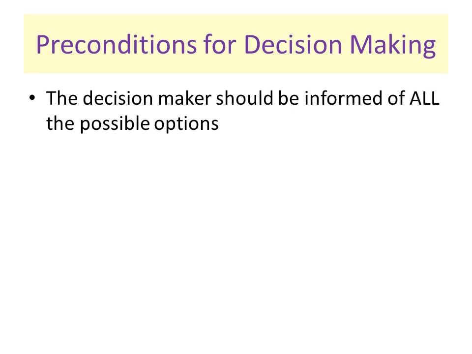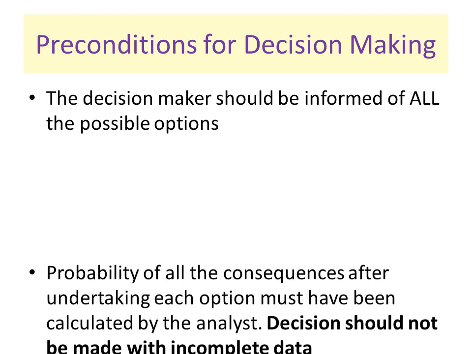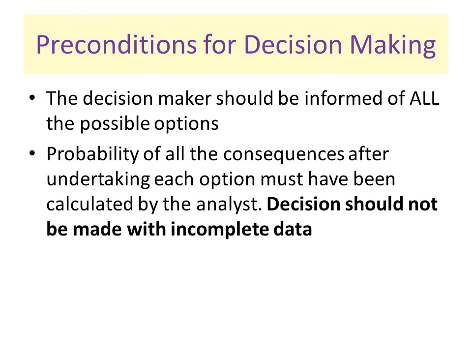There are some preconditions for the technique of decision making, and these are that the decision maker should be aware of all the possible options of achieving the goal. Without the knowledge of all the possible options, you should not go ahead. And also the probability of all the consequences after each option must have been calculated by the analyst before proceeding.